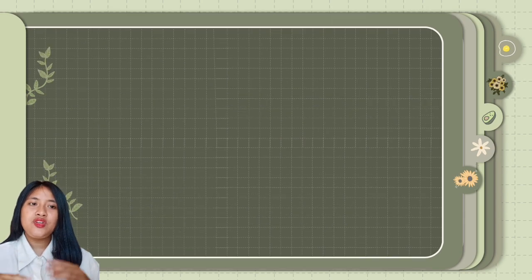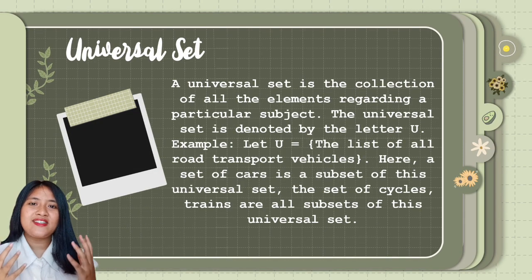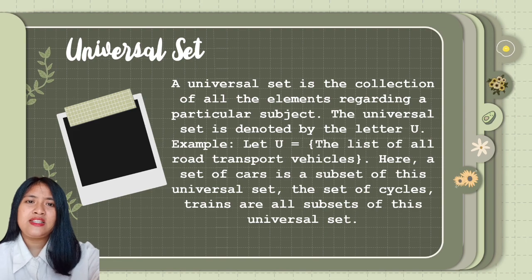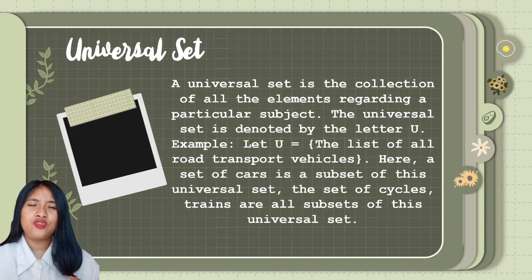The last is universal set. A universal set is the collection of all the elements regarding a particular subject. The universal set is denoted by the letter U. Example, let U be the list of all road transport vehicles. Here, the set of cars is a subset of this universal set. The set of cycles and the set of trains are all subsets of this universal set.